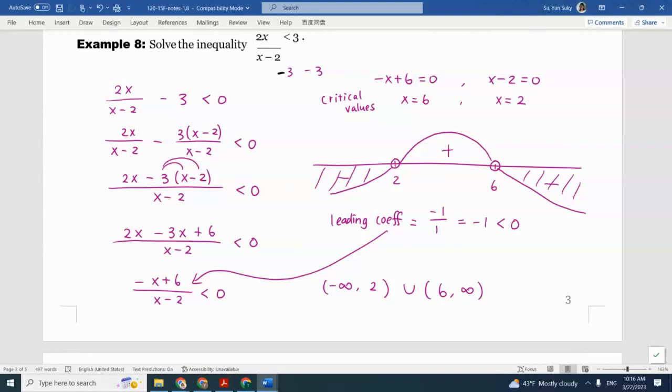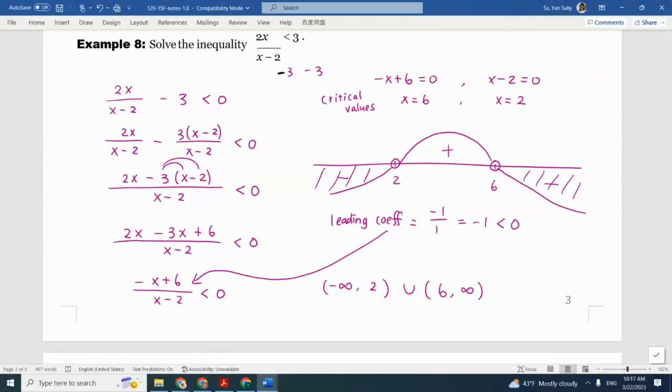So this picture just helps us to solve the inequality. It's not the actual graph of the function. Is that clear, everybody? It's not the actual graph, but it still indicates whether it's positive or negative. The actual graph might not look like that.